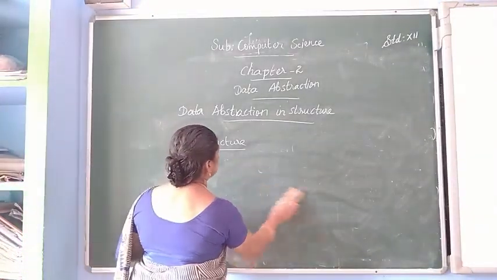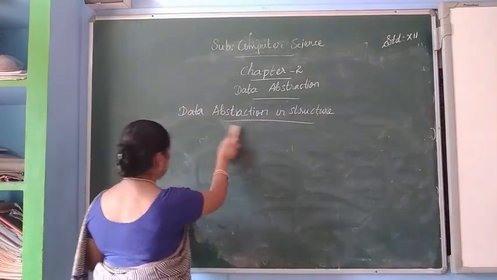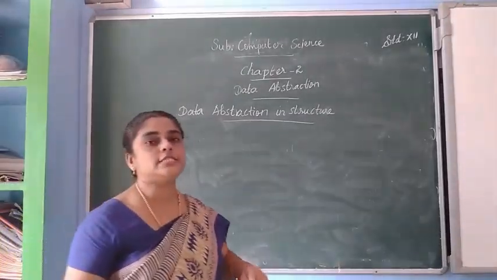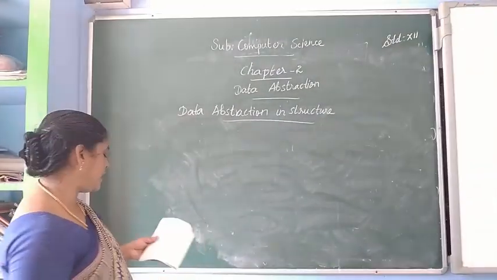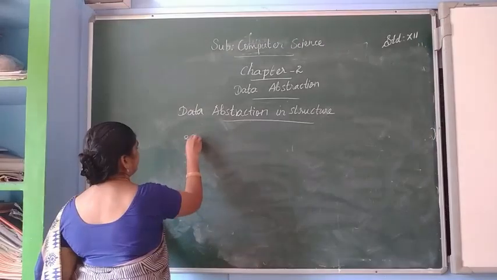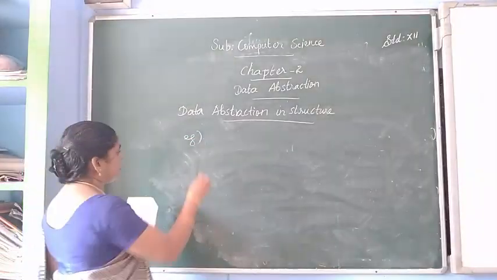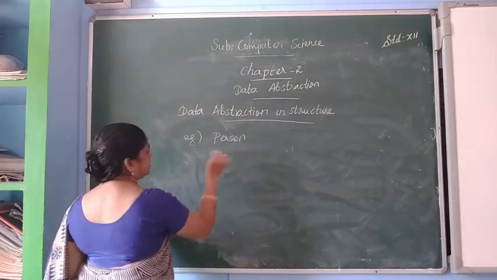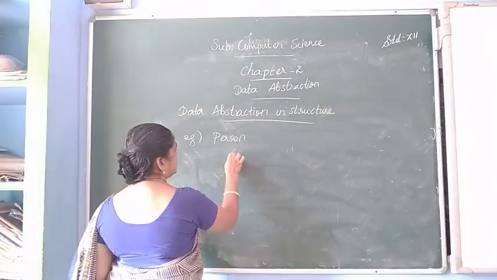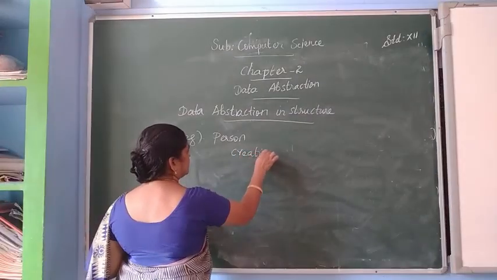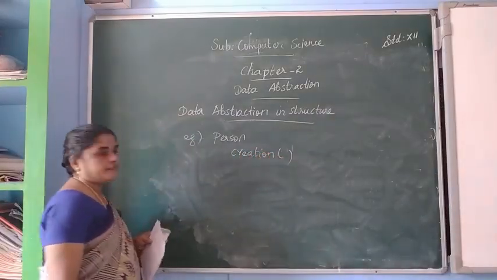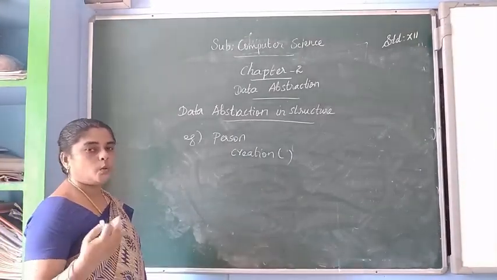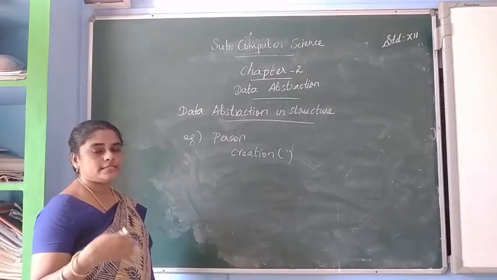Likewise, in data abstraction, the structure is used. How is data abstraction used in this structure? For that, one example. First example, person. Then after that, creation. For a person there will be many data: name, age, qualification, address, first name, last name.